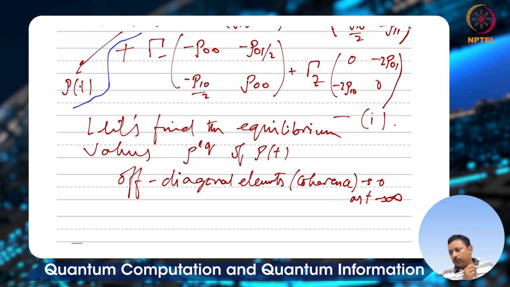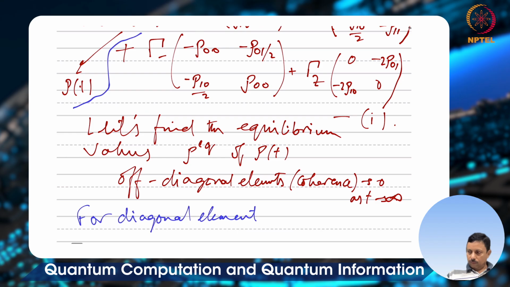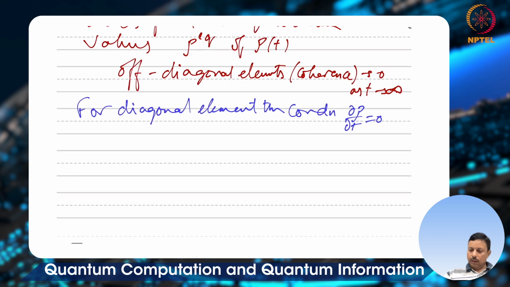So for the diagonal elements, the condition del rho del t equal to 0 is the steady state condition. Very good.